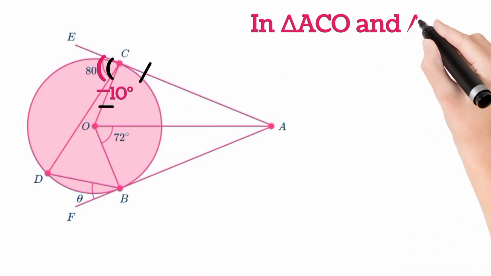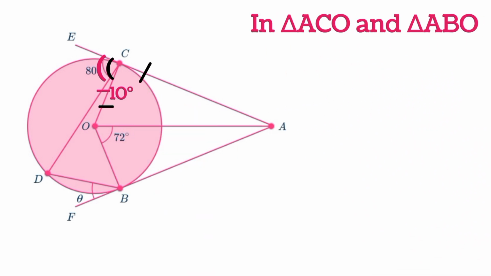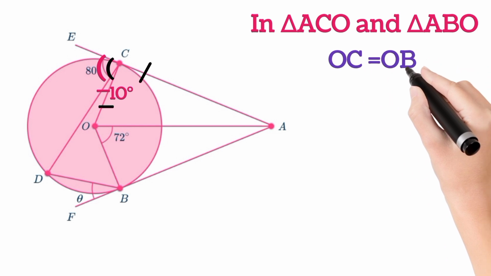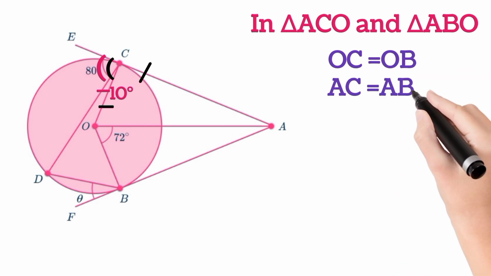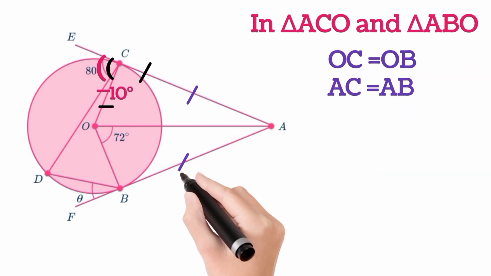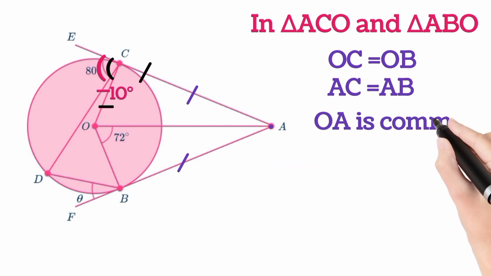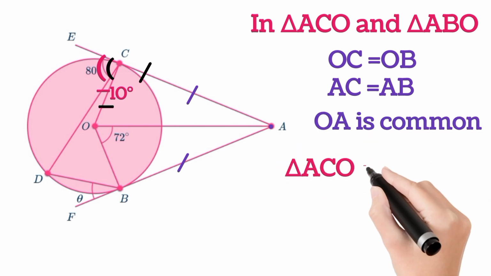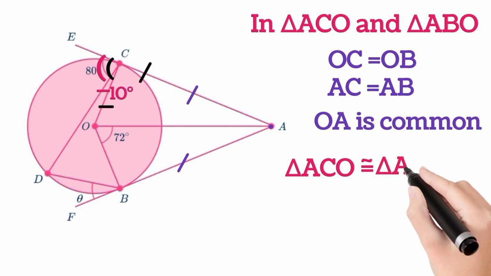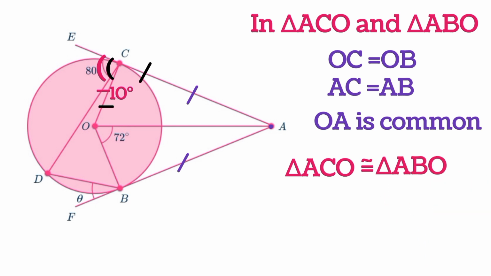Now in triangle ACO and triangle ABO, OC is equal to OB, both are radii. AC is equal to AB, both are tangents to the same circle from the same point A. OA is common, so triangle ACO is congruent to triangle ABO.